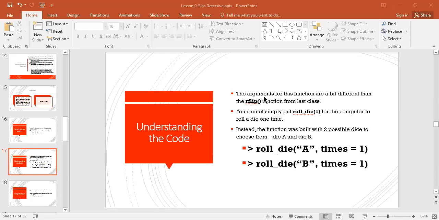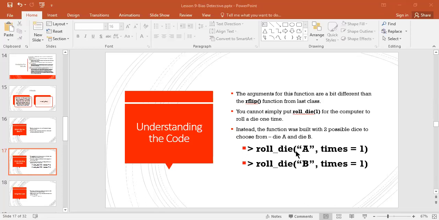We have to indicate if we want it to roll die A or die B. So the code that we'll be using is roll_die, and then in the argument area, we write in quotations "A" for die A, "B" for die B, and then a comma, times equals however many times we want to roll the die.